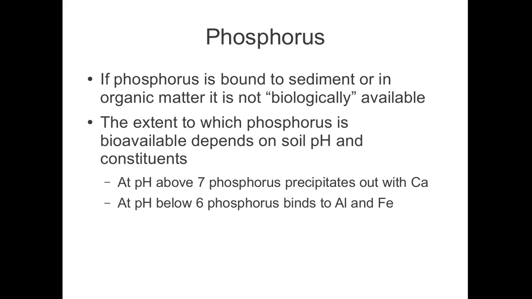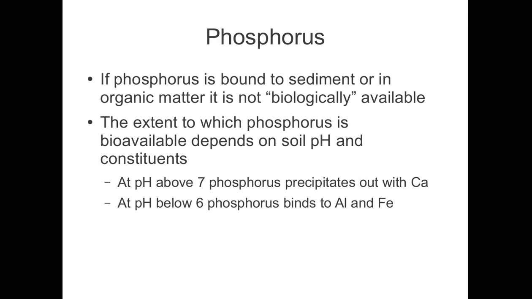And soil pH is really important in determining whether or not phosphorus is bioavailable. At pHs above 7, phosphorus tends to precipitate out of pore water with calcium, and so it becomes unavailable to plants. But if pH is below 6, then phosphorus starts to bind with aluminum and iron.